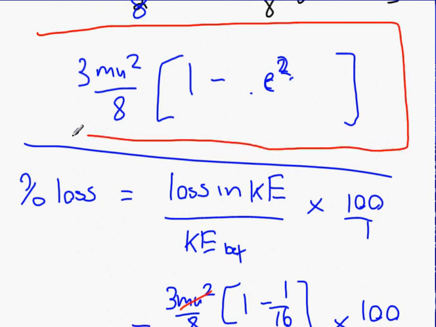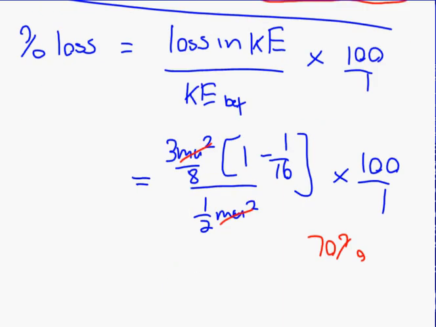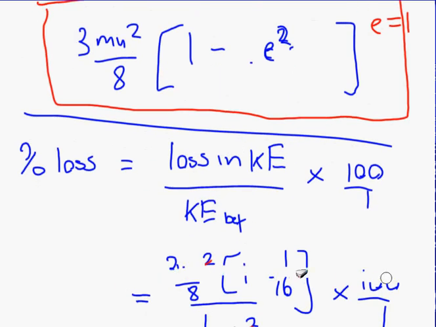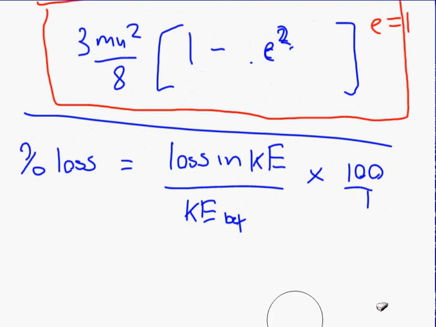That's your loss in kinetic energy, isn't it? Now, if e equals 1, what happens? Sorry? 0 times 3. So you lose nothing. There is no loss. However, if e is 0, what happens then?